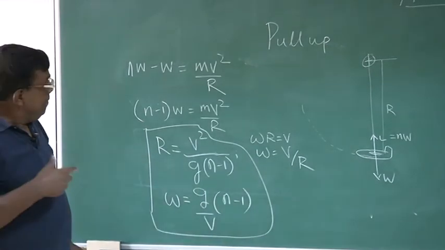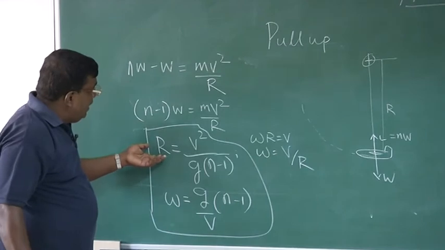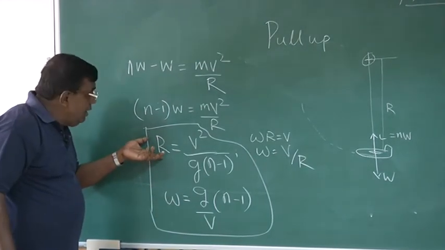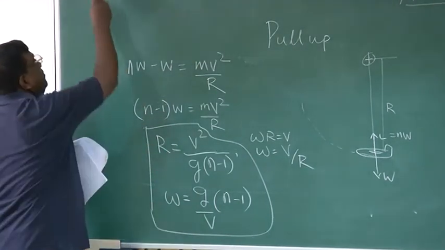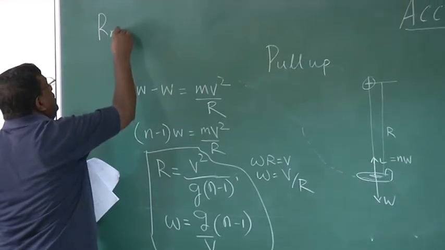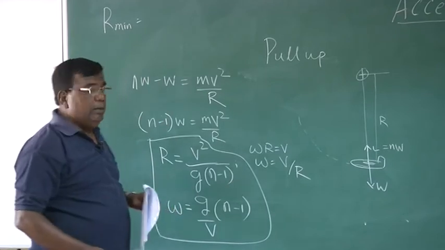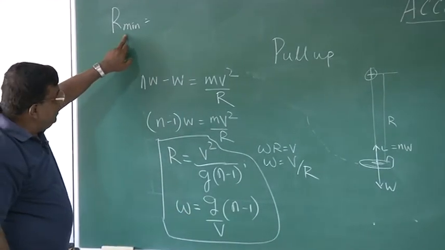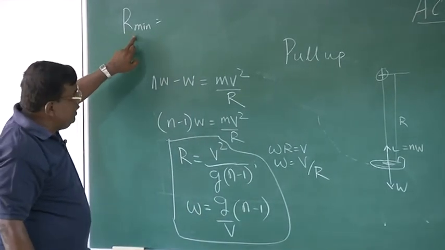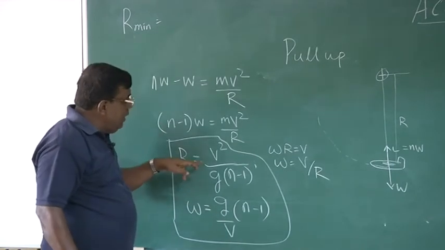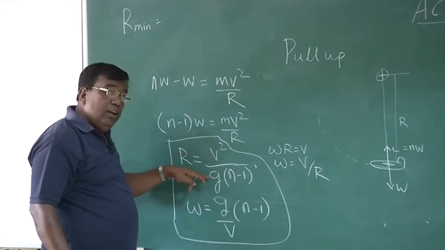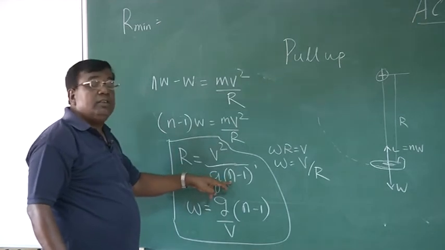Let us come back here. If you want R to be minimum, I want to turn like this, R minimum. How can I achieve R minimum? You can achieve minimum R, for a given V and given value of g, if n is maximum.